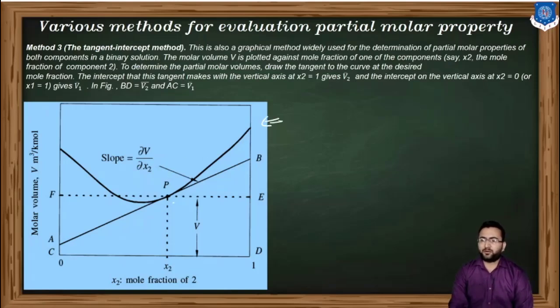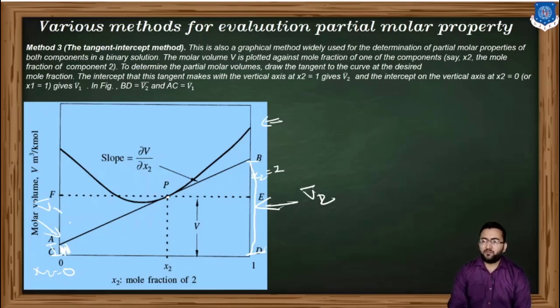So if we are going to find the partial molar volume at this mole fraction, then here the value of X2 is equal to 1. We will get the value of partial molar volume. If we measure this section, then we will get V2 bar, and at the intersect at X2 equal to 0, if we measure this line, then we will get the value of V1 bar.